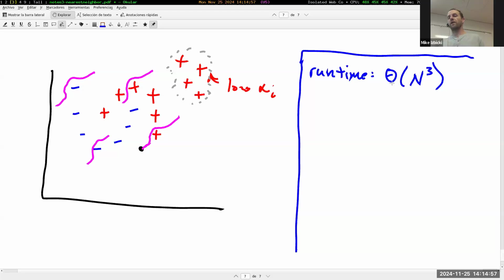So this is very, very bad for very, very large data sets. And so because of that, these SVMs with one of these kernel functions, nonlinear SVMs, are rarely used on large data sets.